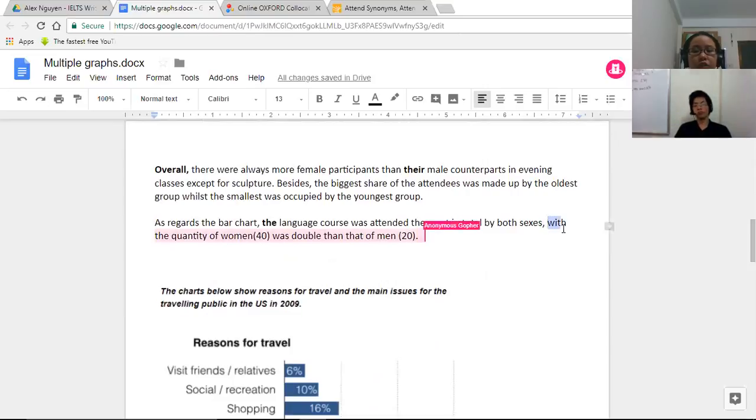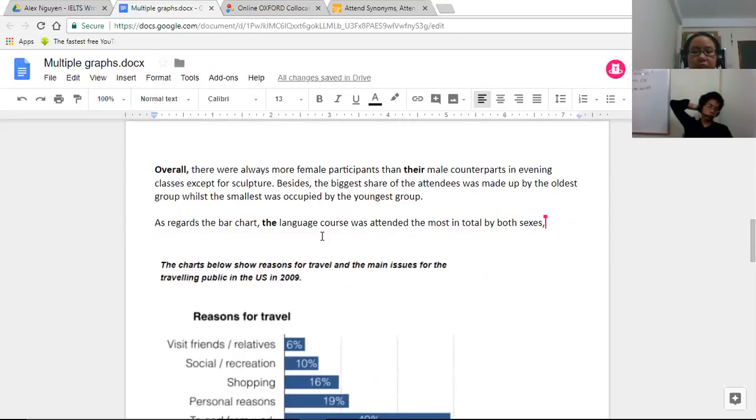If you want to use this structure, it's quite difficult to add the word double. If you really want to use the word double here, you have to think clearly about the structure before you write.